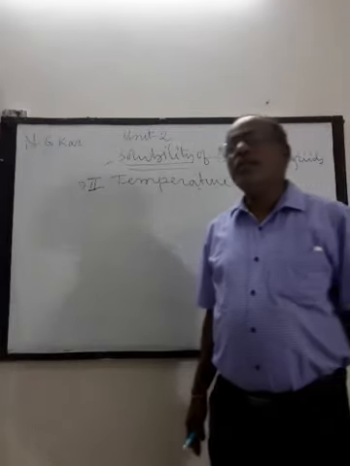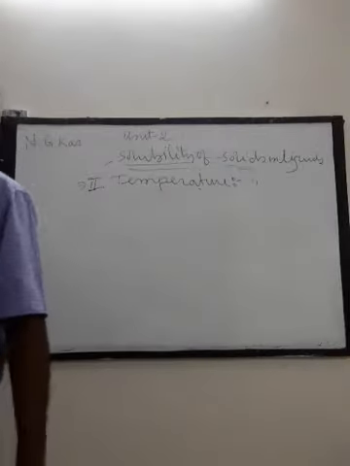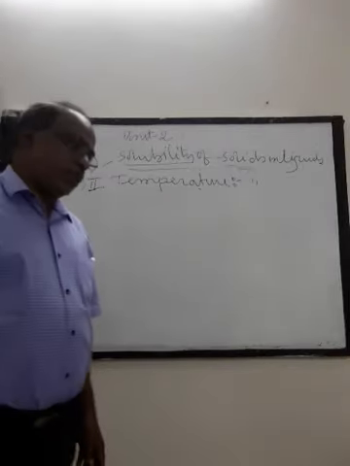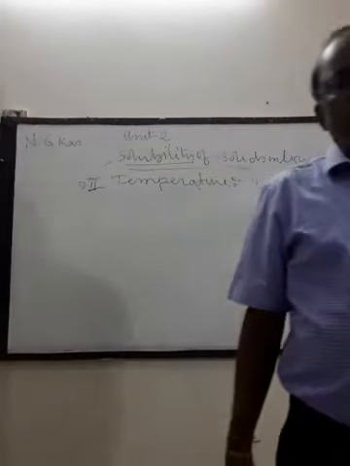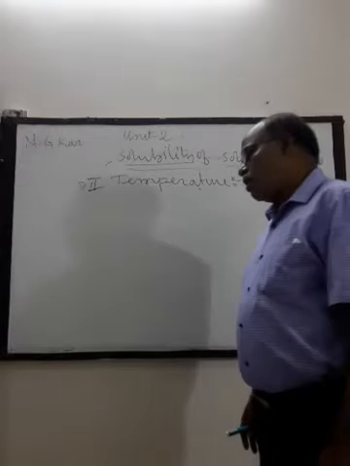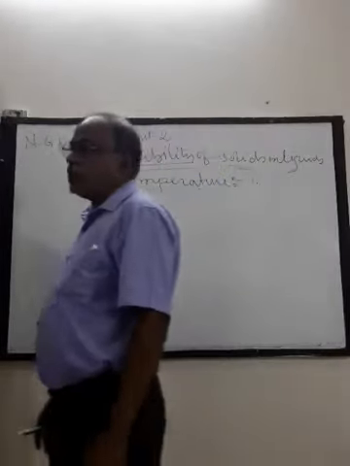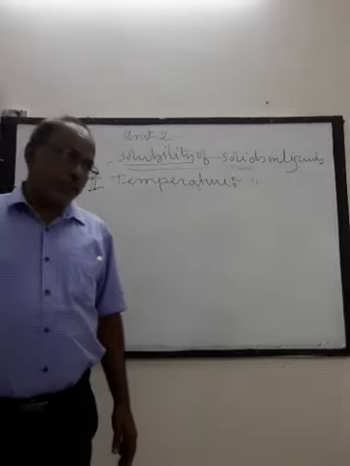So there are three kinds of solids on the basis of the effect of temperature. Most of the solids, about 95%, show increasing solubility with increasing temperature. For a few solids, as temperature increases, solubility decreases.